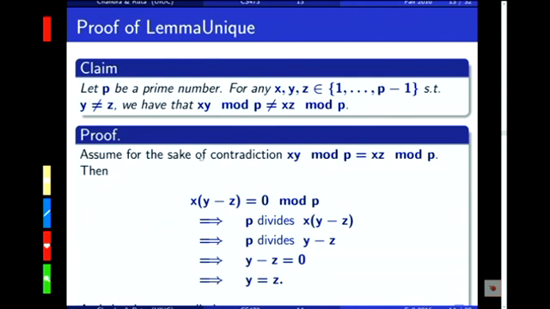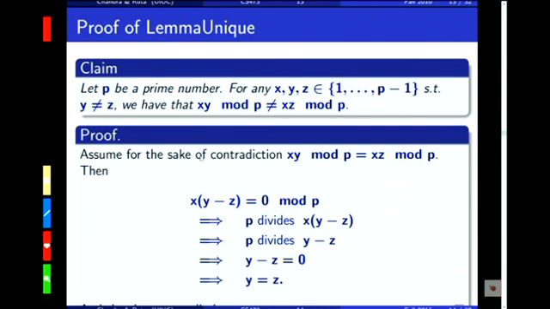That means p divides this product. But because p is a prime, it has to divide either x or y minus z.